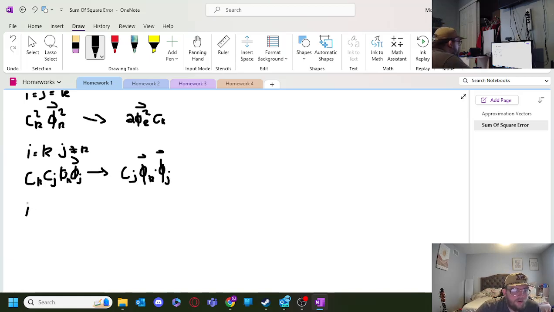We also have to look at when i does not equal k, but j does equal k. When that happens, it's the same thing as up here. We've got c_k, however, instead of c_j, it's c_i.